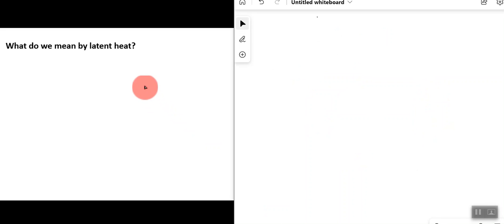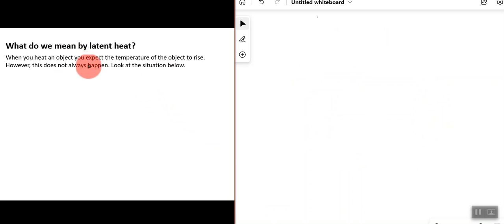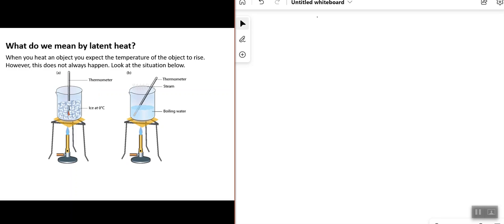The next principle we want to look at is what's meant by latent heat. When you heat an object, you expect the temperature of the object to rise. However, this does not always happen, and if you look at the situation below, for example, if you put a thermometer into ice and add heat to the ice, even though heat is being added, the temperature will not change until all the ice has melted.